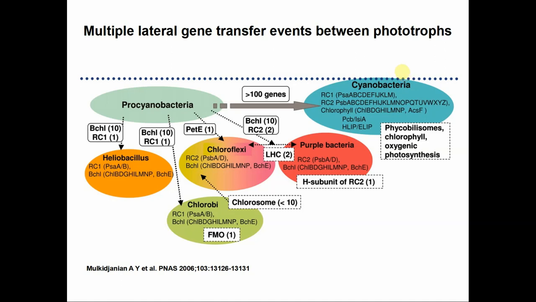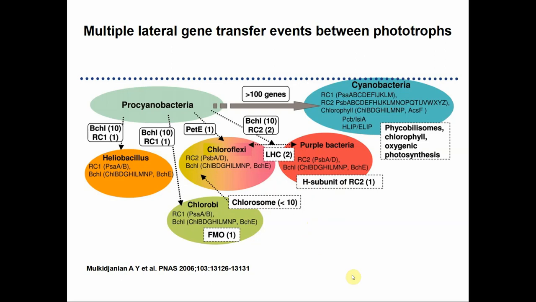And it's not really obvious why some photosynthetic bacteria have managed to acquire photosystem 1 but not photosystem 2 during these lateral gene transfer events.